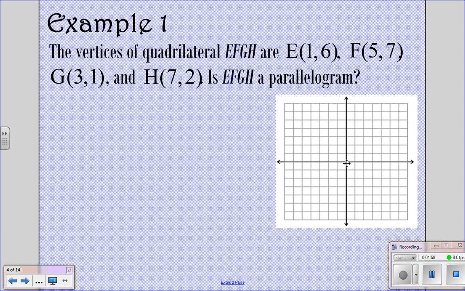So we're going to start by going over 1 and then up 6 for E. And then we're going to go over 5 and then up 7 for F. And then we're going to go over to 3 and then up 1 for G. And we're going to go over to 7 and up 2 for H. Then we're going to connect our sides.